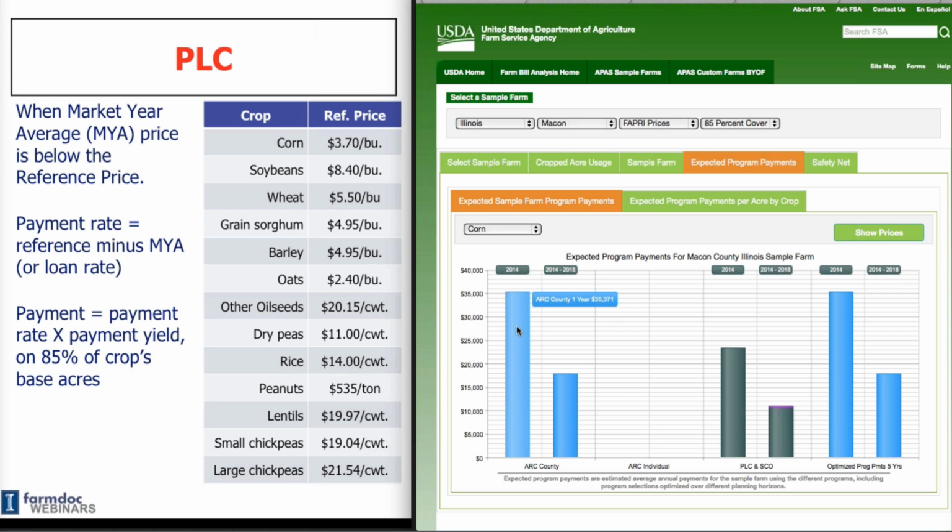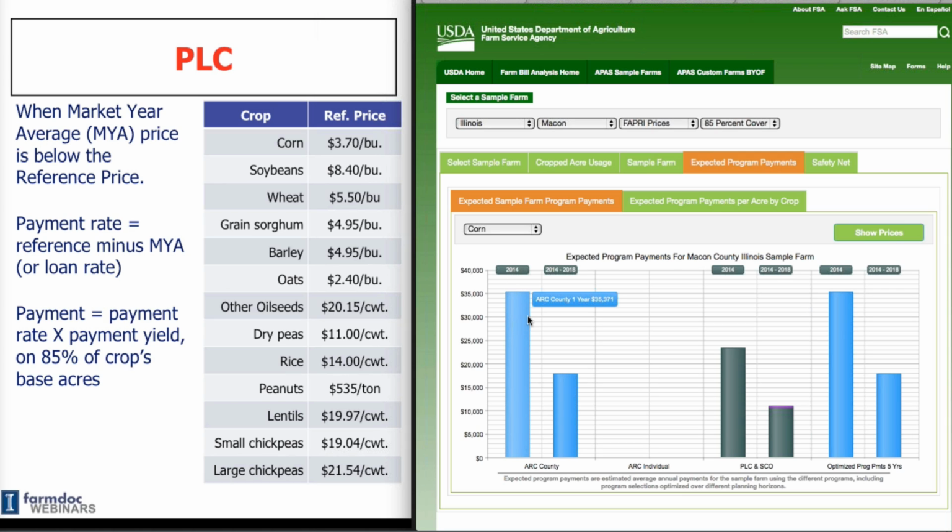We're estimating this bar right now. This bar is based on average yields across the counties. We know across much of the Midwest the yields are going to be above average, but we really don't have an estimate of those yet. We would suggest waiting to make these decisions until March, because at the end of February, NASS will announce county yields, at which time we will be able to much more accurately estimate what our county payments are going to be for 2014.